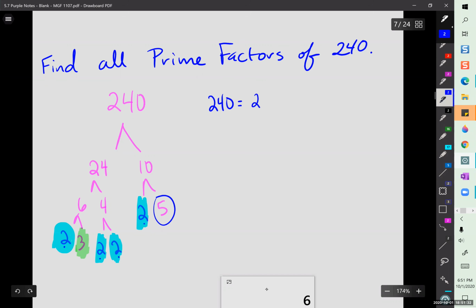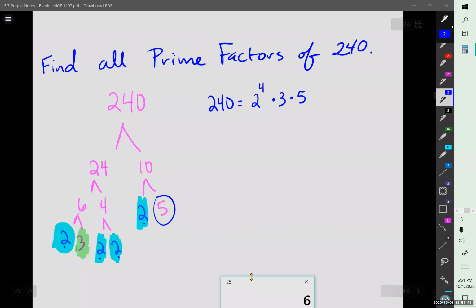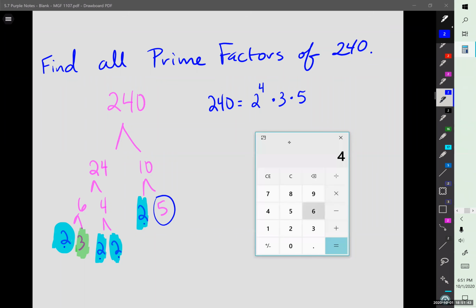So that'd be 2 to the 4th. 3 occurs once, and 5 occurs once. The good thing about this section is we could always check our work. 2 times 2 times 2 times 2 is 2 to the 4th, times 3, times 5, and we get back to where we expected.